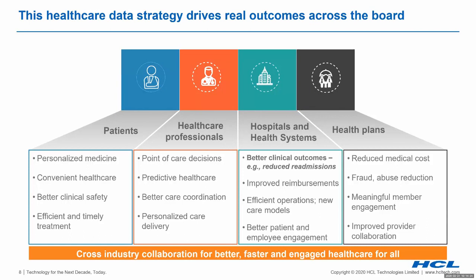However, just highlighting a few here, starting with better clinical outcomes like reducing readmissions, better reimbursement, efficient operations, and overall better engagement with the stakeholders like patients and employees are some key outcomes that we are seeing on the ground. Health plans are able to drive better cost management, fraud and abuse reductions, and more meaningful engagements with members and providers.